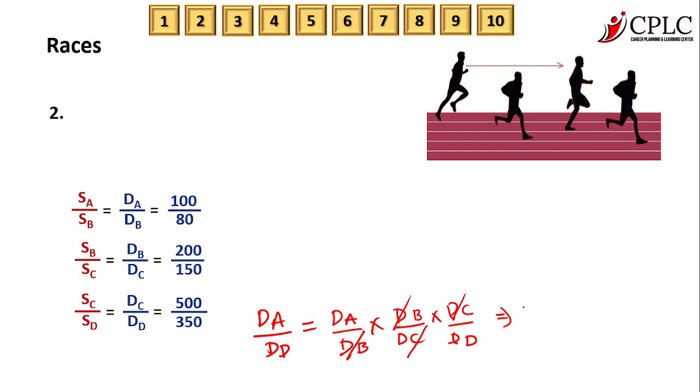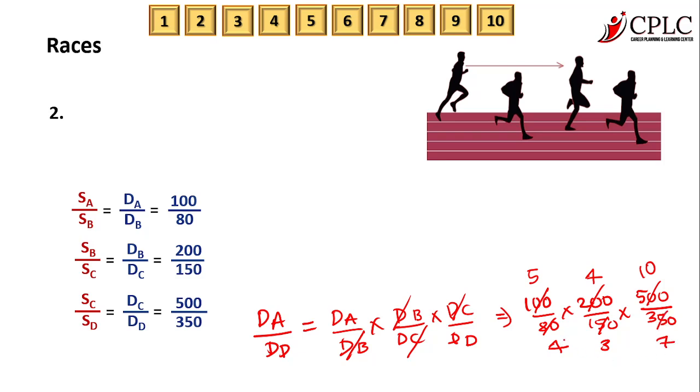So dA upon dD, that is distance of A upon distance of D: 100, 80, then 200, 150, and lastly 500 and 350. These are the values. Simplifying, this 4 further goes off and this becomes 50 by 21.